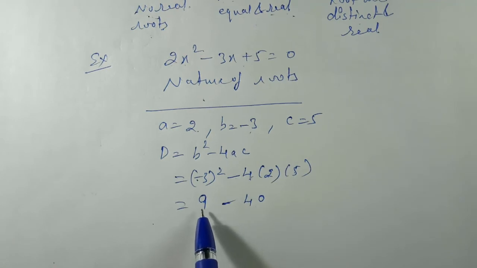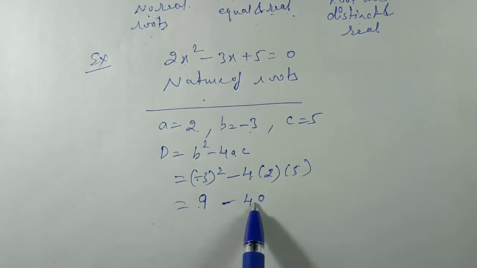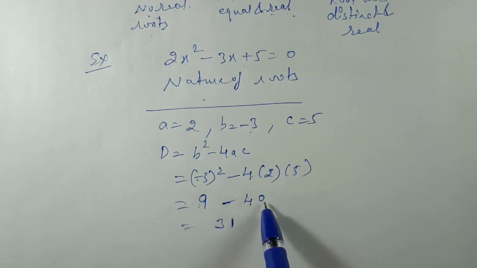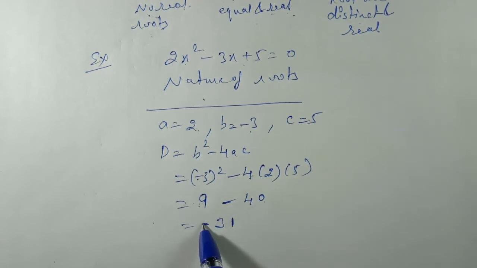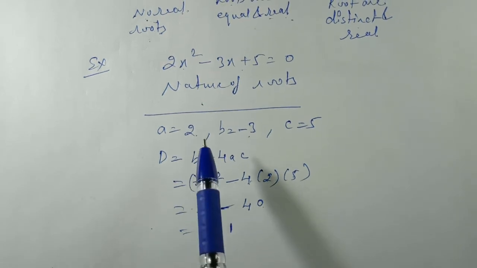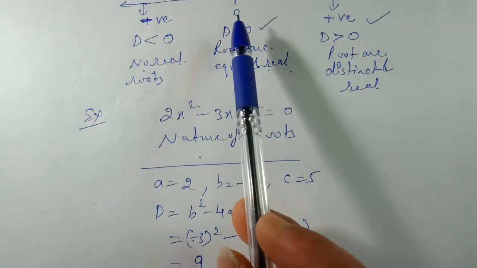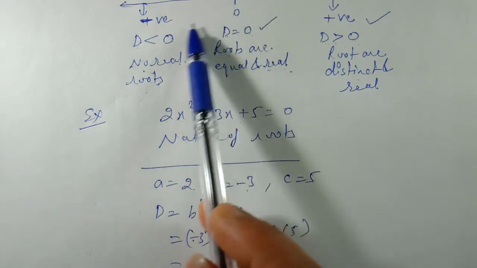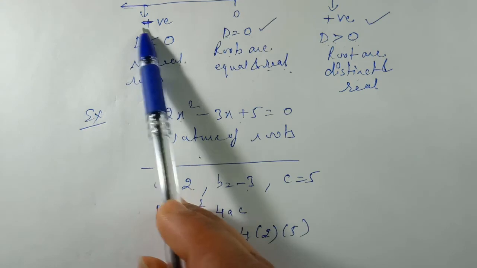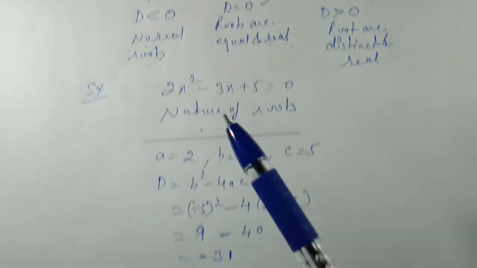Now we observe that two numbers are there, 9 in positive sign and 40 in negative. Both are of opposite sign, so we have to subtract 9 from 40. After subtraction we get 31, but the greater number is 40, so we get the value of D equal to minus 31. According to the condition, minus 31 lies on the left-hand side of the number line, so it is less than 0.